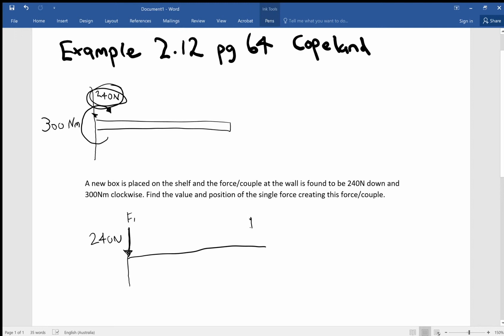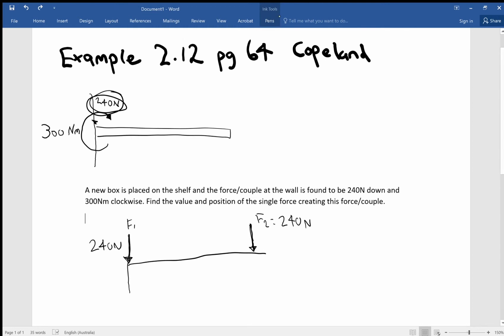We move another force out here, and we know that's going to be F2, which is 240 newtons. And we know that there's a reaction force that needs to stop this shelf from sliding down the wall. So that reaction force is going to be pushing up against this F1 force, and we're going to designate it as F3. Now it doesn't really matter what number you give your forces as long as you've got a way of telling the difference between each of the forces. So we know that force is going to be 240 newtons.